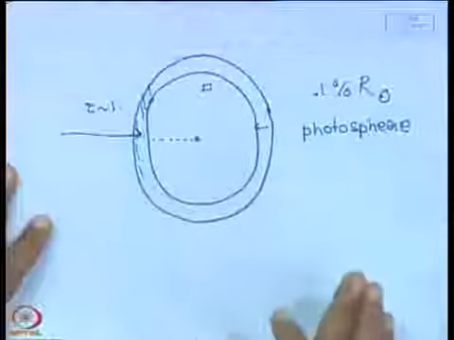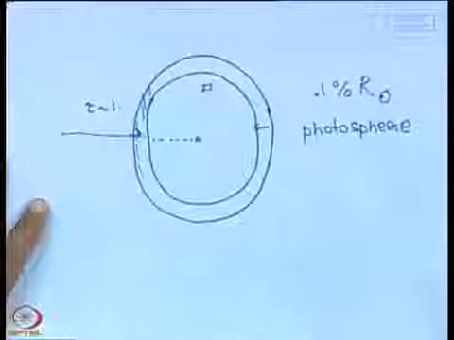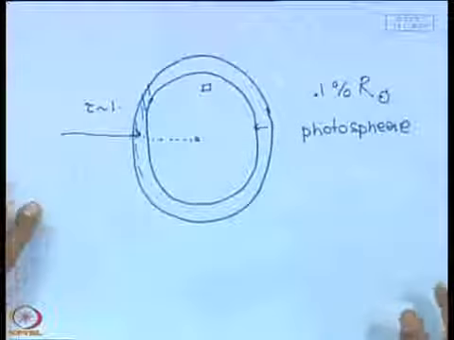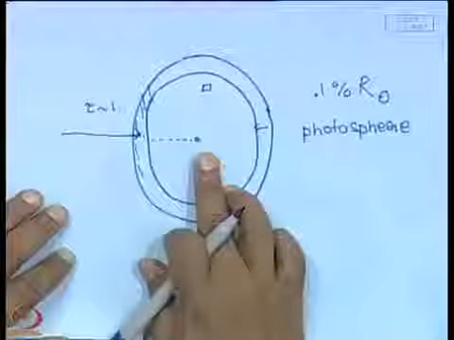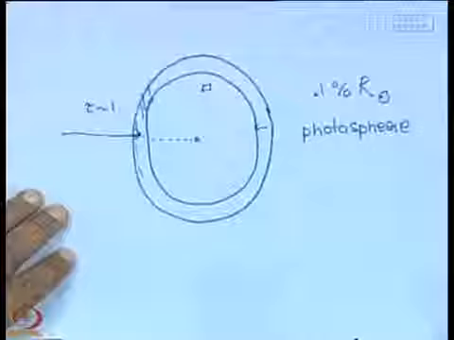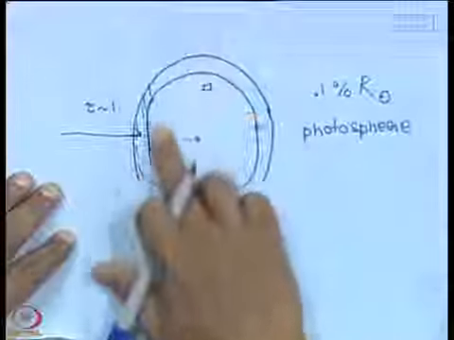It is extremely hot, which is adequate to ionize all the hydrogen. So what I have told you is also validated here. Inside the sun the hydrogen is ionized, the temperature is of the order of tens of millions Kelvin, and it falls off to around 5,800 at the photosphere.